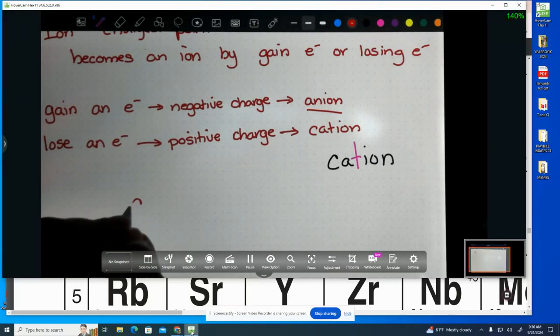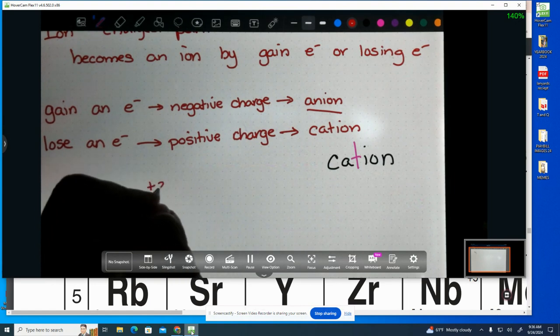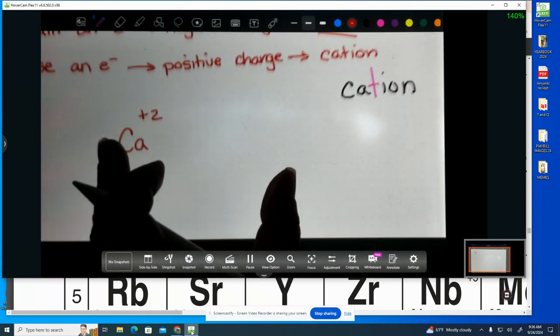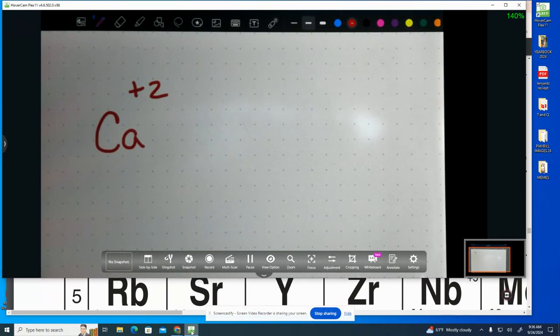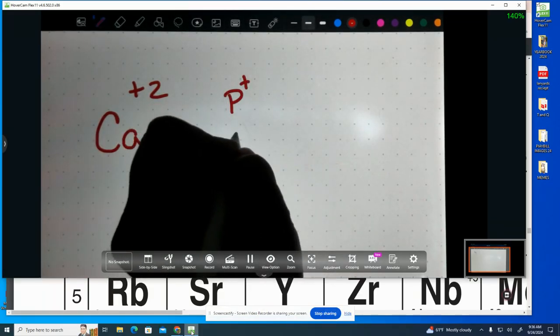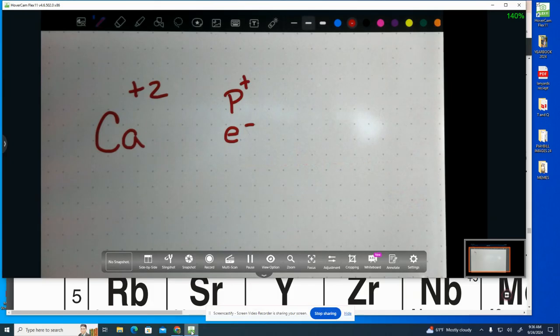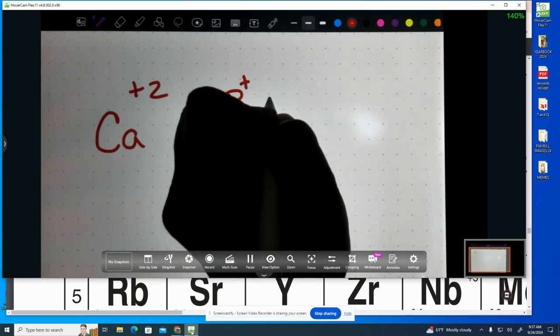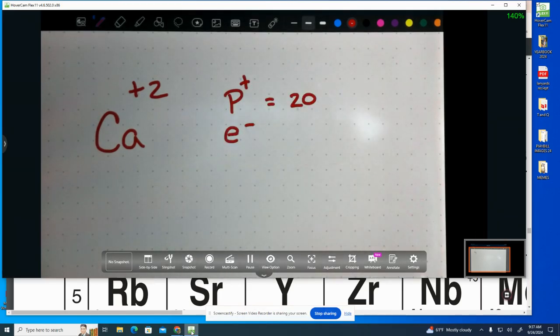So if I write Ca with a +2, okay, let's think about that for a second. How many protons does it have? How many electrons does it have? How do we find protons? Atomic number. And so for calcium, the atomic number is 20. Okay?